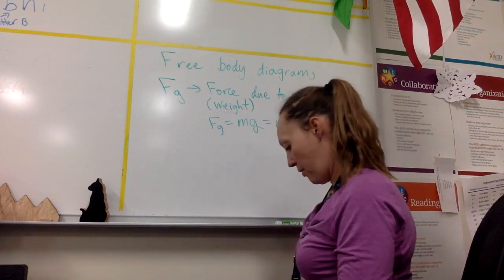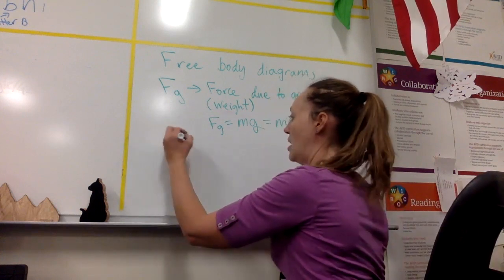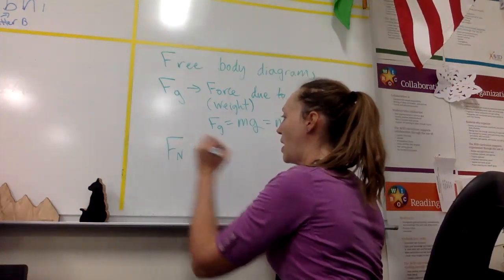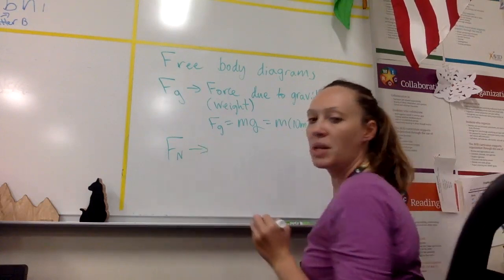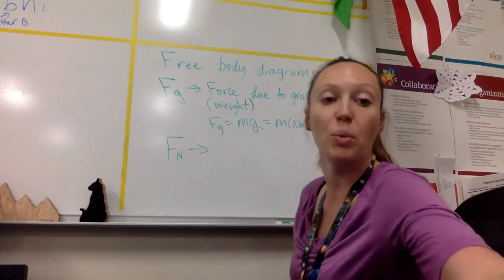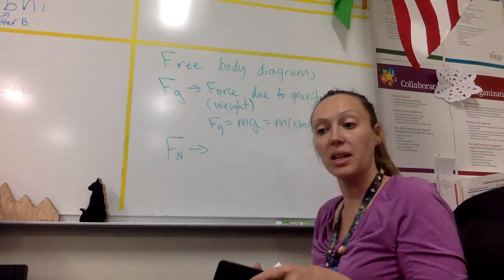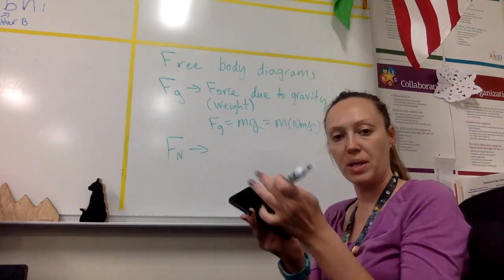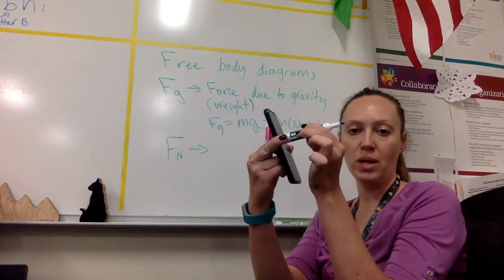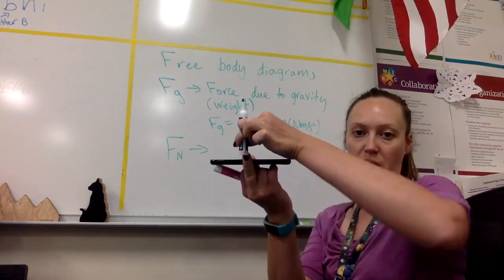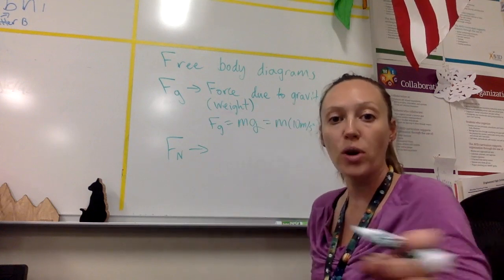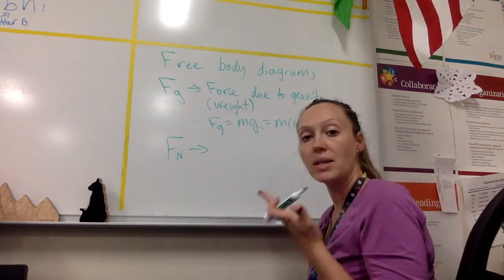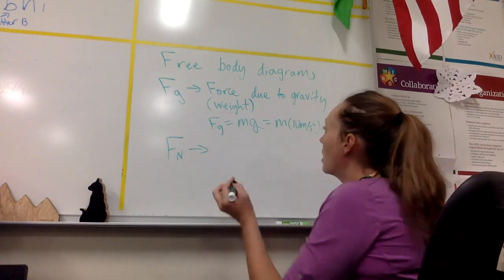The next type of force is a normal force, Fn. And it just means normal because the word normal means perpendicular. So perpendicular, if this is my cell phone, this marker is perpendicular to my cell phone. And normal forces are always perpendicular to the surface.